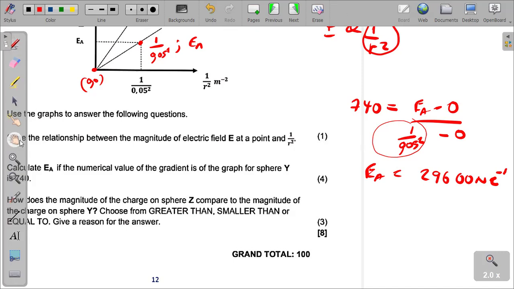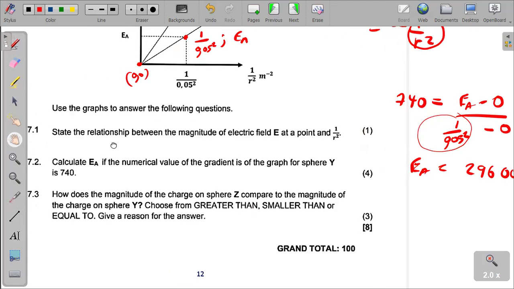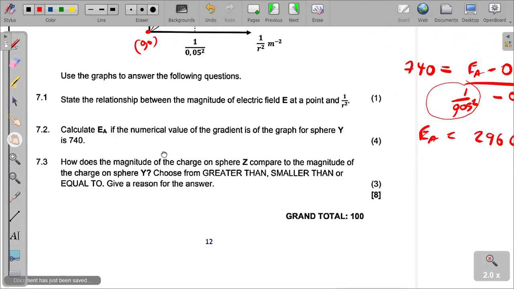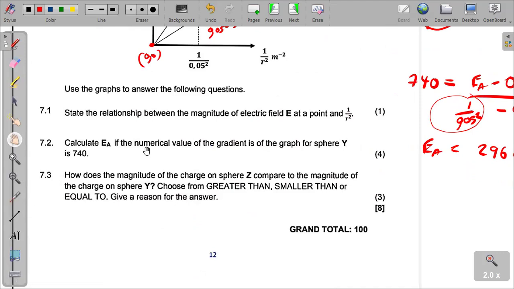The next question is saying 7.3. How does the magnitude of the charge on a sphere Z compare to the magnitude of the charge on a sphere Y? Choose from greater than, smaller than, or equal to. Give a reason for your answer.